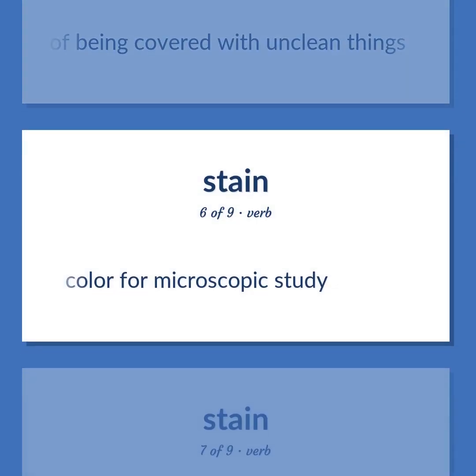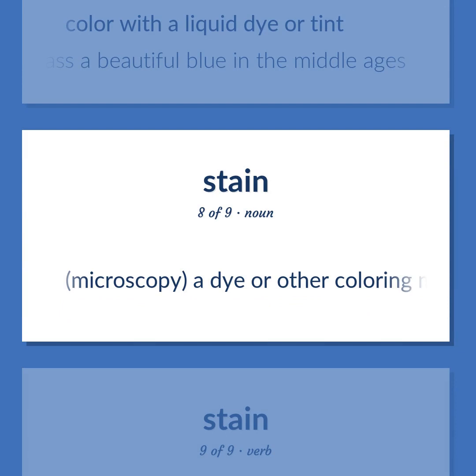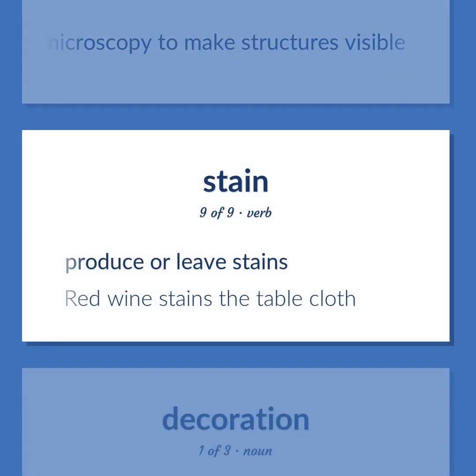Color for microscopic study. Color with a liquid dye or tint. People knew how to stain glass a beautiful blue in the Middle Ages. Microscopy. A dye or other coloring material that is used in microscopy to make structures visible. Produce or leave stains. Red wine stains the tablecloth.